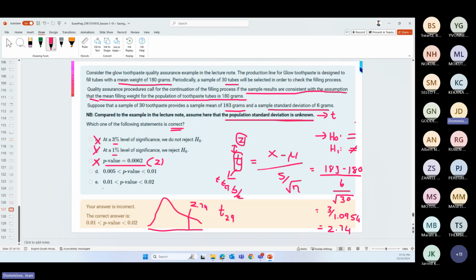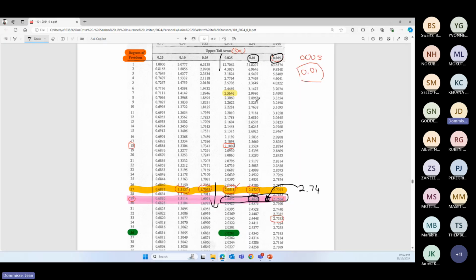Why do I say? Okay, so again, it shows how they can catch you out. And so that is for the one tail. Okay, so look again at that.